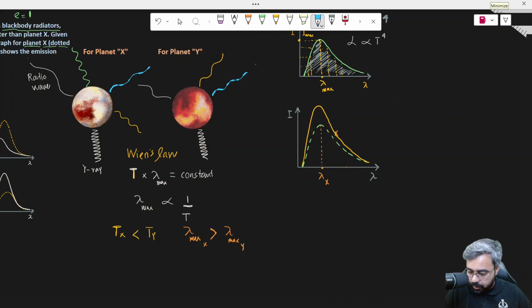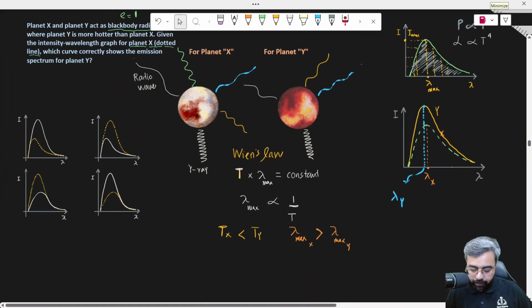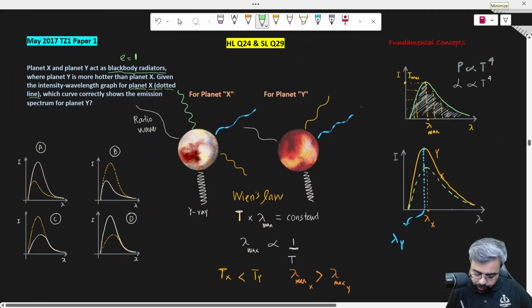And secondly, dear students, you can compare that the wavelength for Y is obviously less than the wavelength for X. So this is for Y, and you can easily identify which one should be our right answer. None other than option D is the only possible right answer for this question.